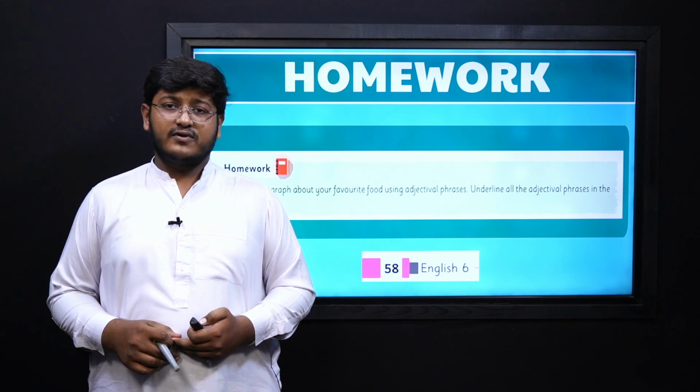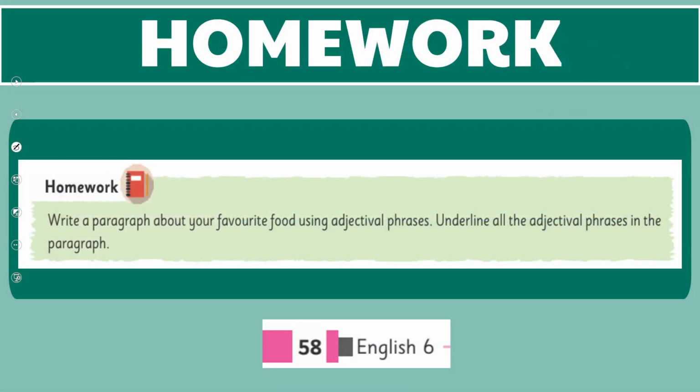We have a homework. What is the homework? Write a paragraph about your favorite food using adjectival phrases. So you have to write a paragraph about your favorite food, and you have to use a lot of adjectival phrases, like the food I have eaten was very delicious. So very delicious will be an adjectival phrase, or you have to use such types of adjectival phrases which will describe the taste, color, texture or the quality of the food.